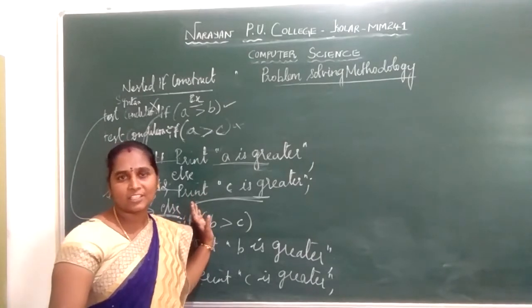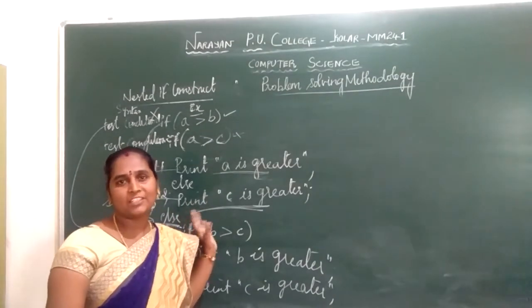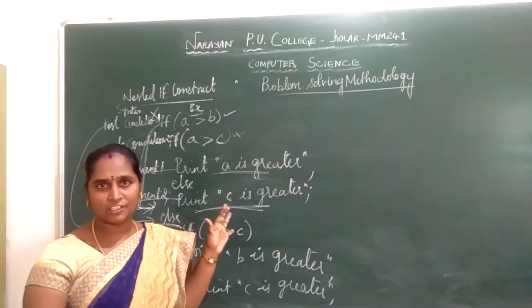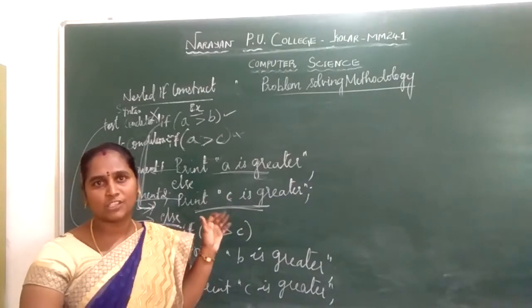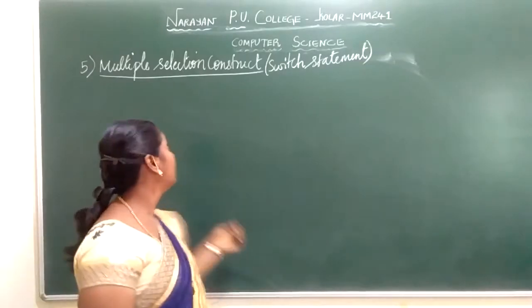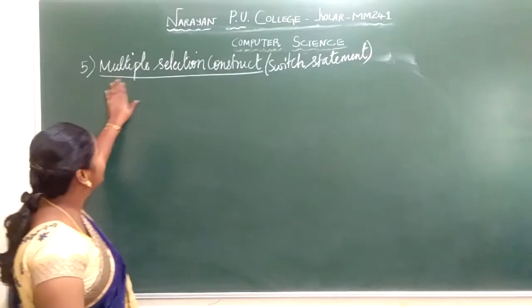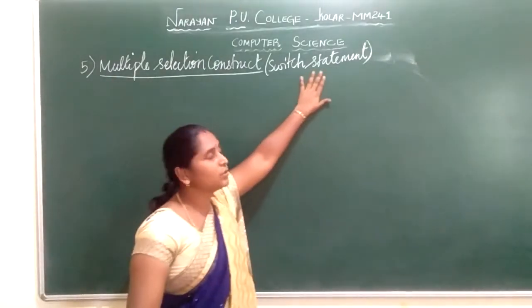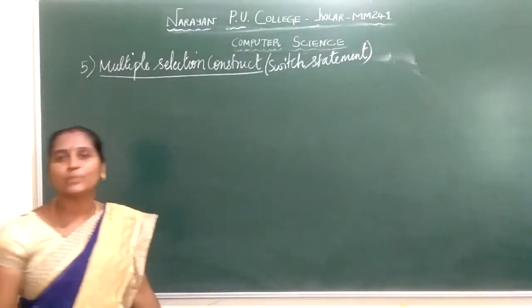The last selection construct of your programming constructs is the multiple selection construct, also called the switch statement. Your 5th selection construct is the multiple selection construct or switch statement.